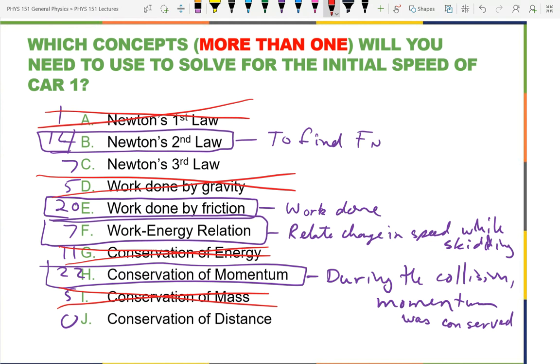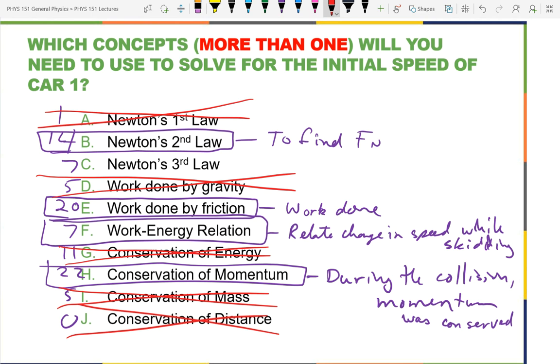It wasn't until 1905 when Albert Einstein came out with his theory of special relativity, I think it was in his special relativity, that he came out with a very bizarre idea that mass is simply a form of energy. Energy can't be created or destroyed, but you can convert energy into mass or convert mass into energy. So mass is just not conserved, and conservation of distance was a nonsense answer.